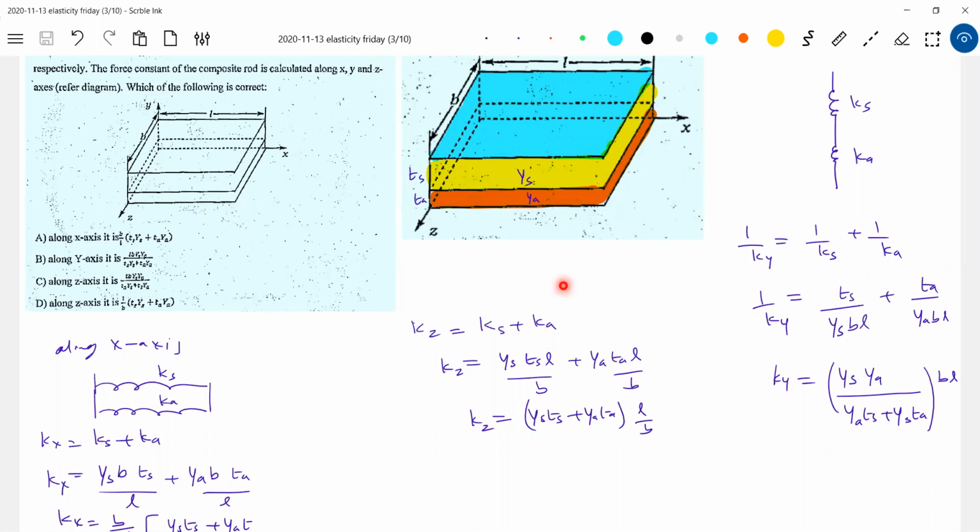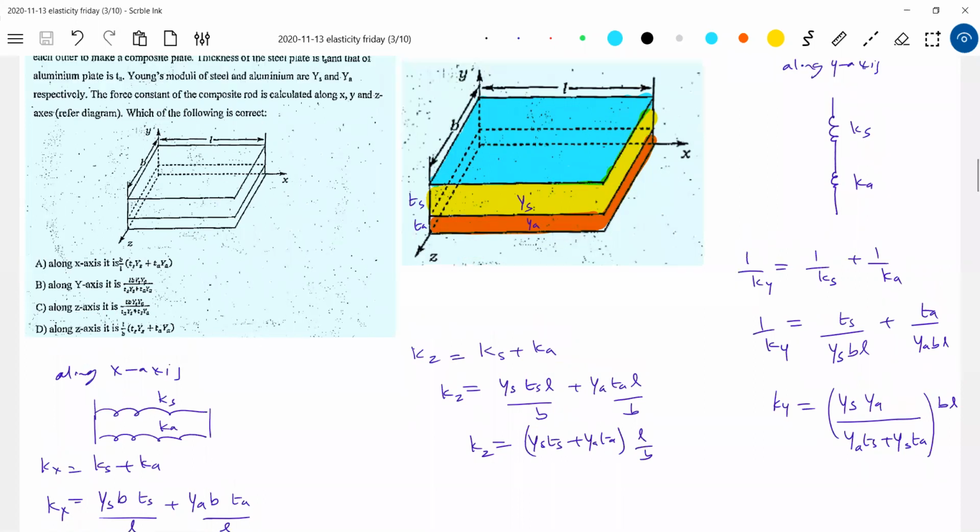It is the area of the material perpendicular to the axis along which I'm going to apply force. So on this structure, if I apply force along z-axis, you should use this formula. If I try to pull or compress along x-axis, you should use this formula. If you apply force along y-axis, you should use this formula.